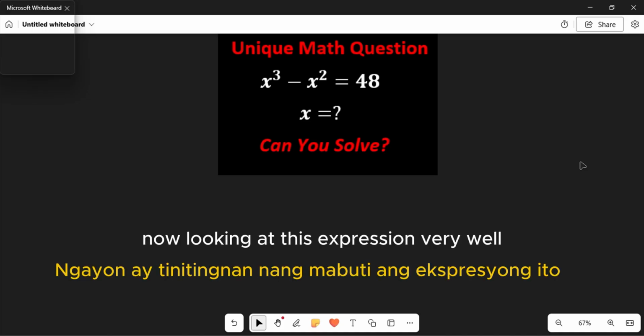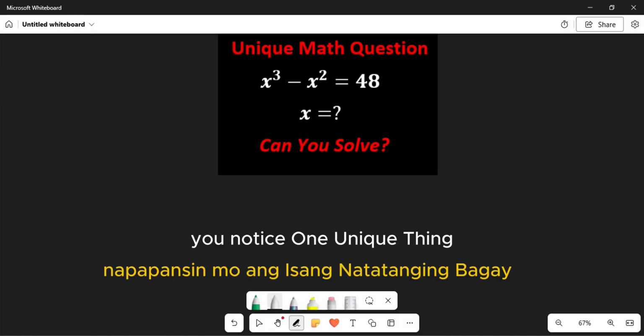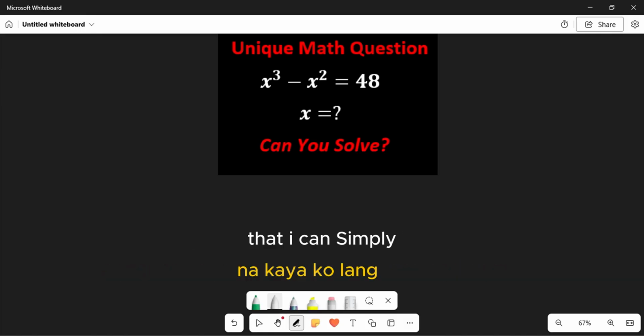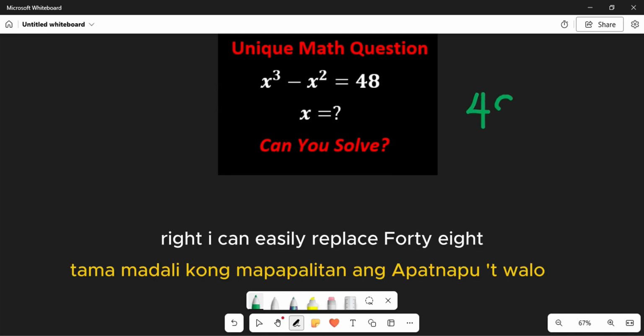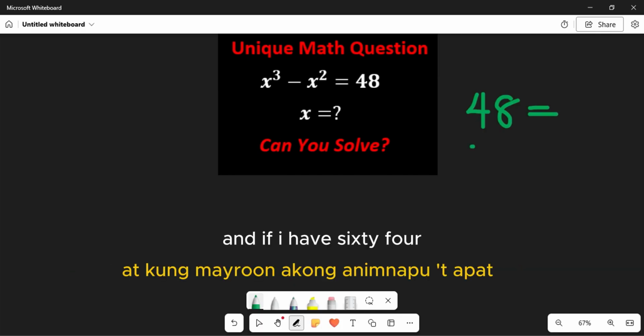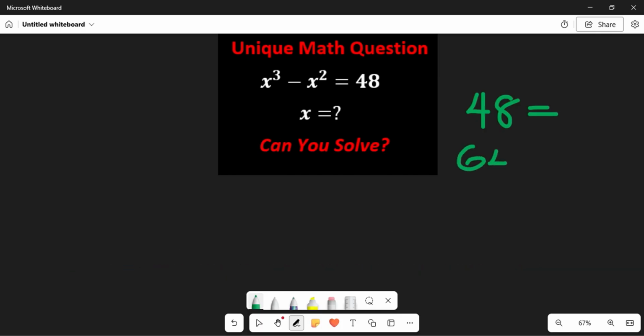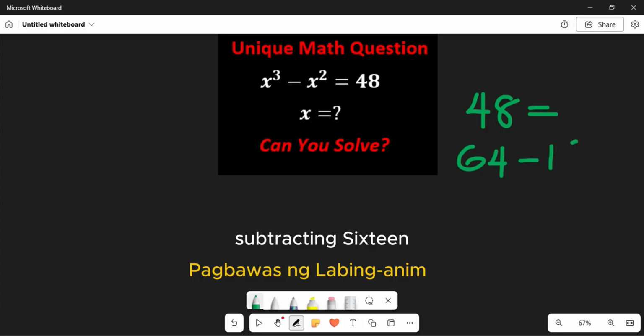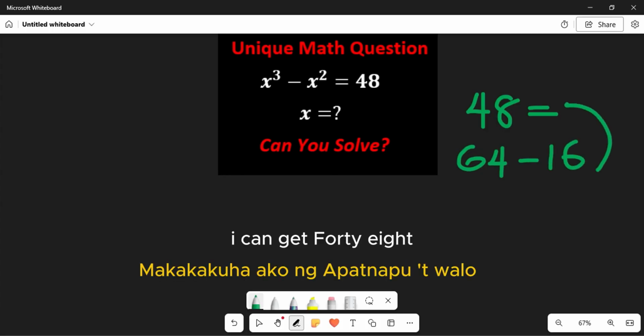Now, looking at this expression very well, you notice one unique thing: I can simply replace 48. If I have 64 subtracting 16, I can get 48.